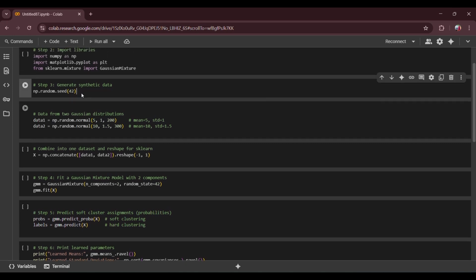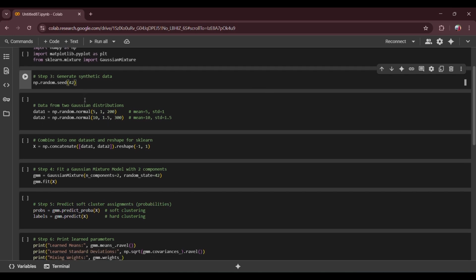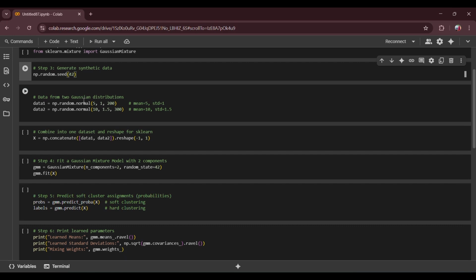Here this line sets random seeds so that every time we run the code, we get the same random numbers. This makes the results reproducible. Here we have also taken data from two Gaussian distributions. Data 1 is 200 points from a Gaussian distribution with a mean of 5 and a standard deviation of 1.